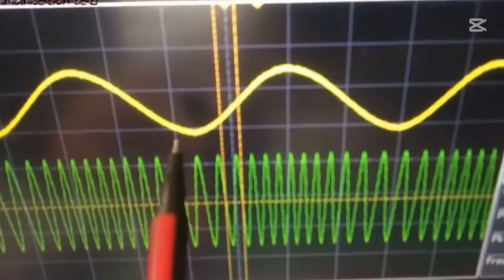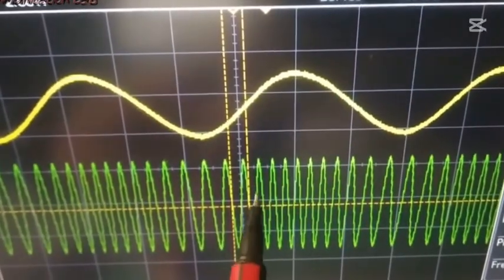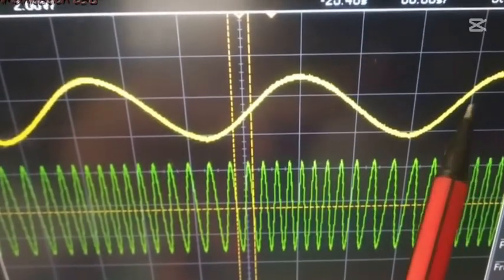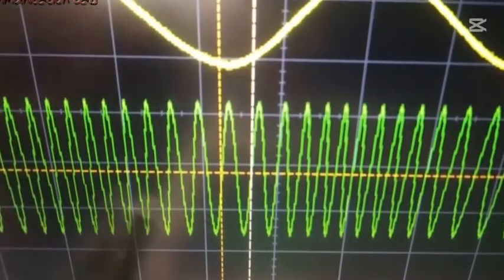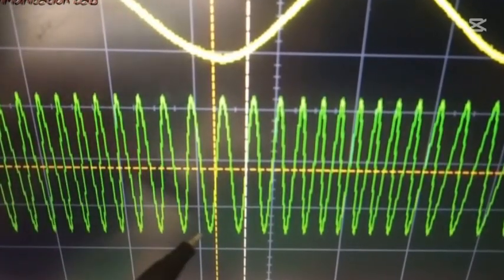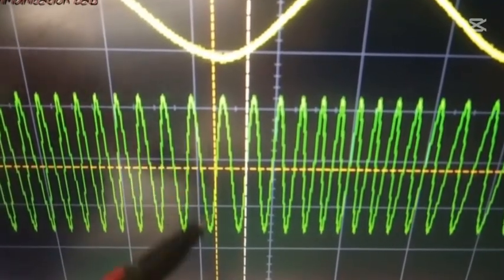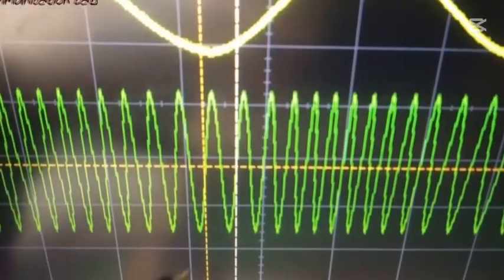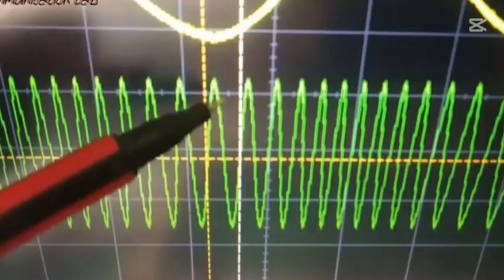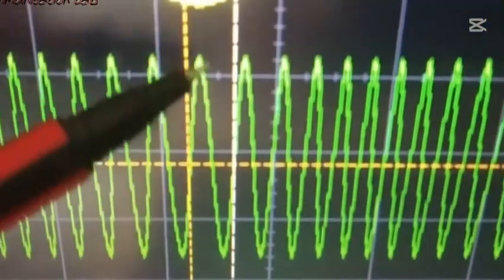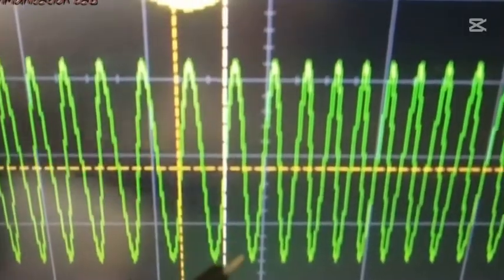So the frequency change is totally dependent on the amplitude of the message signal. You can see clearly that at this point the amplitude is low, so the frequency is minimal, and where the frequency is high, the amplitude at that point is high.